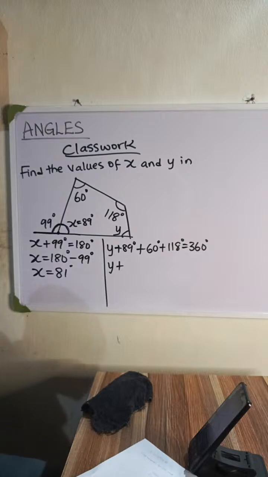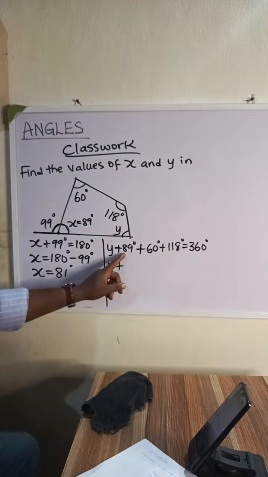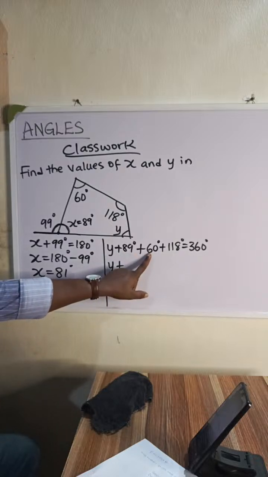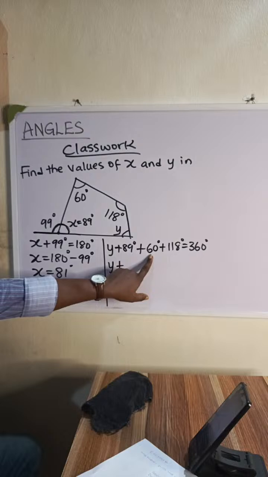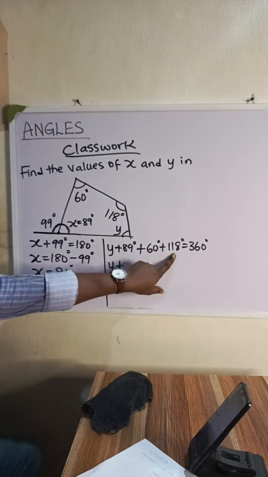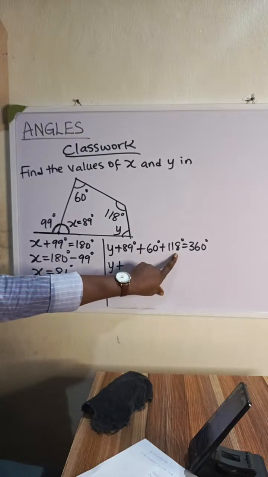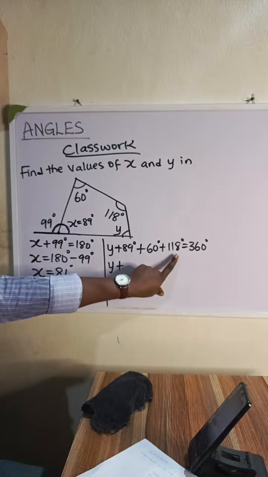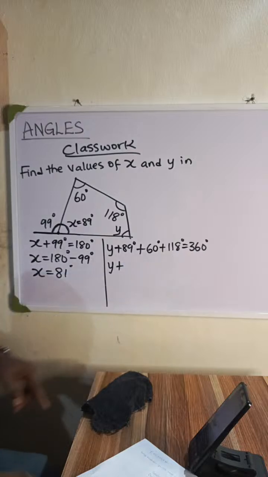Someone is saying 259, another person said 267. Can someone confirm? Who among them is correct? 89 plus 60 is 149, 249, 259, 267.